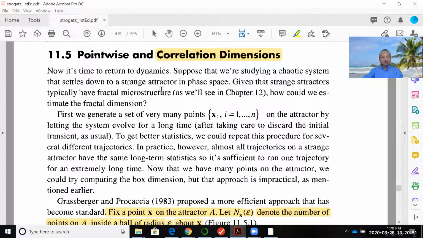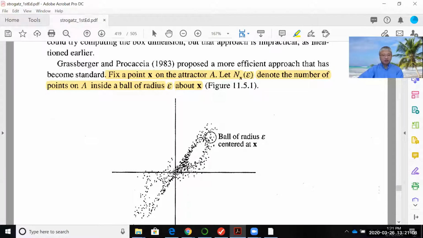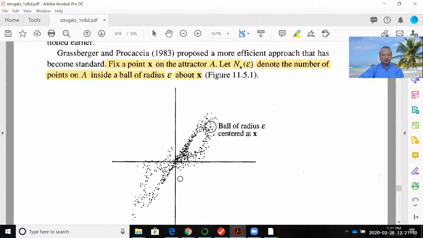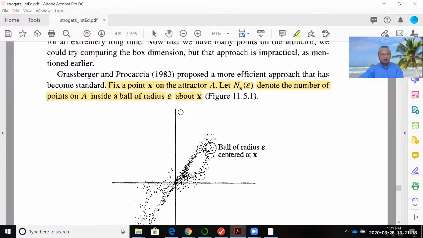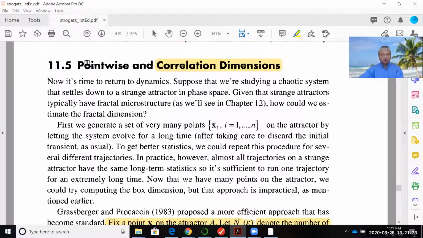So finally, we come to the definition of dimension called correlation dimension, which is easy to implement numerically. So-called point-wise and correlation dimension. So here's the idea. Suppose now we have, for example, a set which is the chaotic attractor of a certain chaotic map. And here's how we define the point-wise dimension.